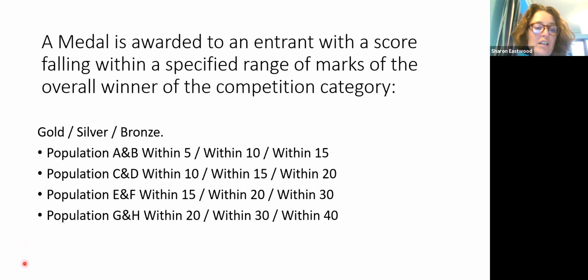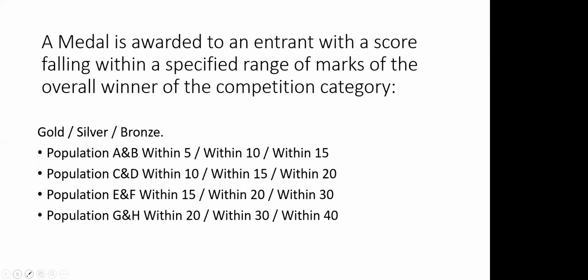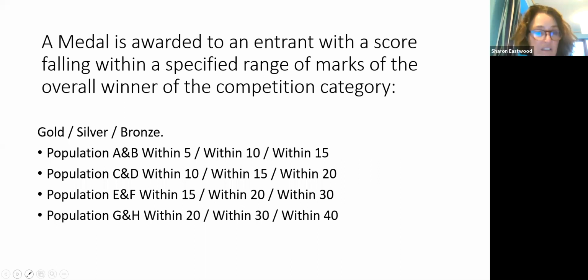If they're within 5 points of the national winner of the same size, so the highest village or town sized A or B, they will get a gold medal. If they're within 10 points, they'll get silver, or within 15, they'll get bronze.